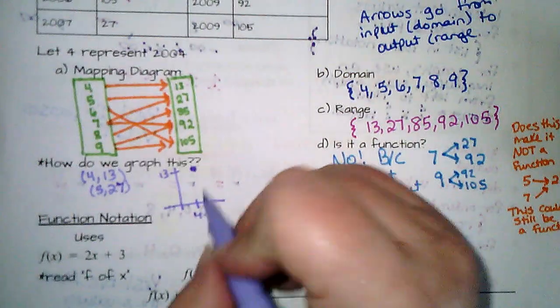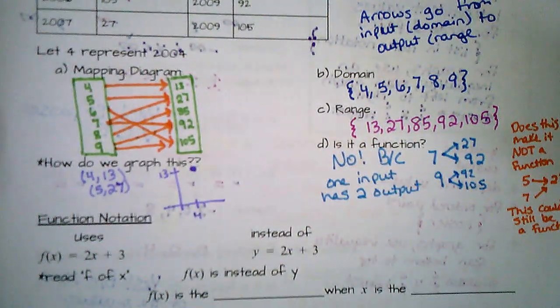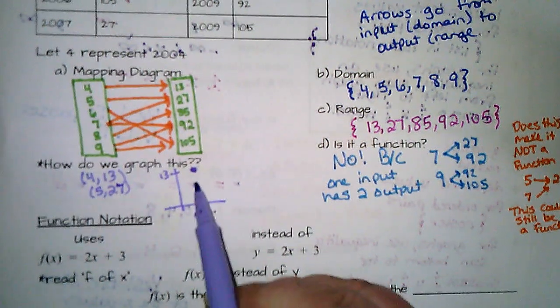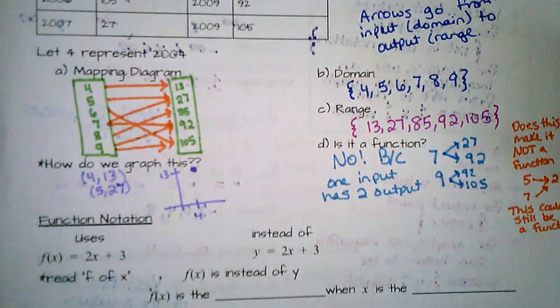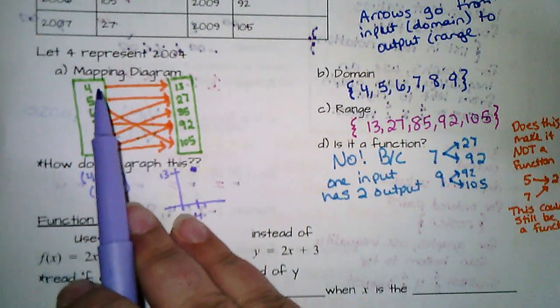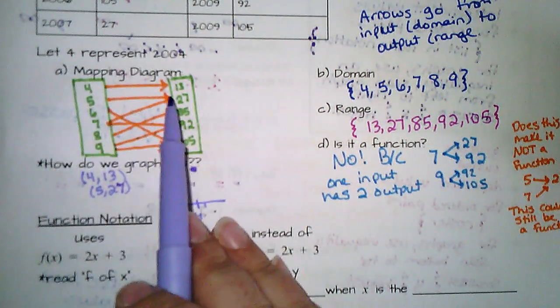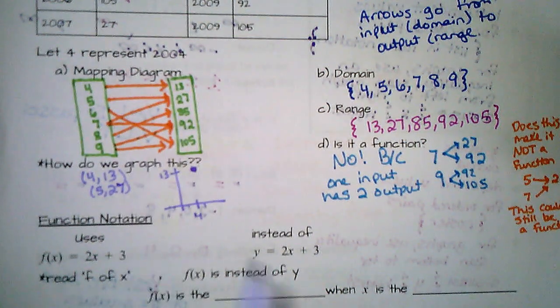And then same thing for 5, 27, wherever that would be. It would get just an ordered pair, just 1 point. Okay, so your graph would kind of look like a scatter plot. It would just have points, point, point, point, point, point. You just have to make sure that 4 goes to 13, 5 to 27, okay, etc.